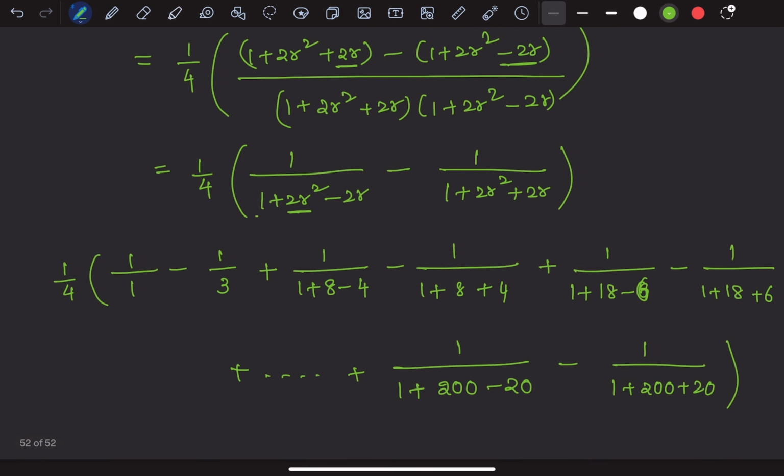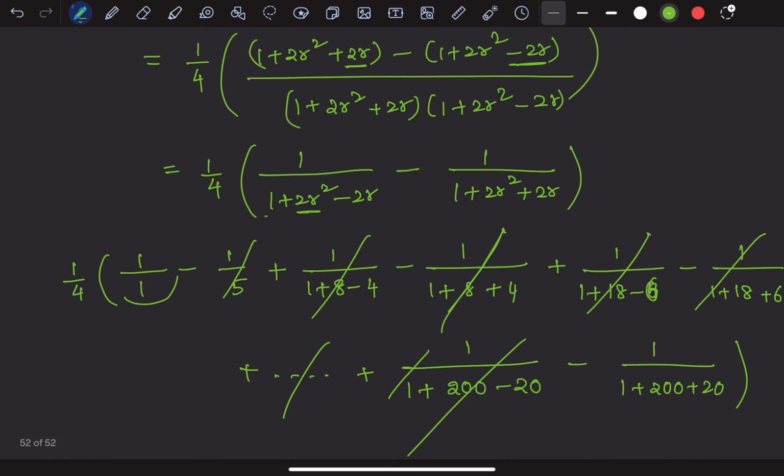Alright, so if you see, when you put r is equal to 1, this will be 1 by 5. So this is minus 1 by 5, this is plus 1 by 5. This is minus 1 by 13, this is plus 1 by 13. So every term will get cancelled, and the first term and last term will be remaining.